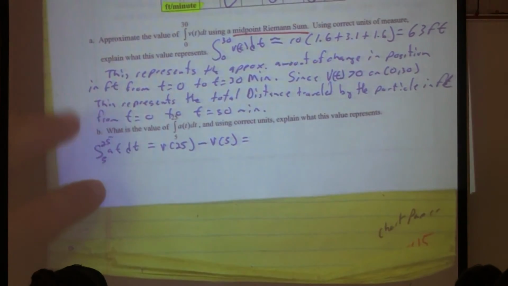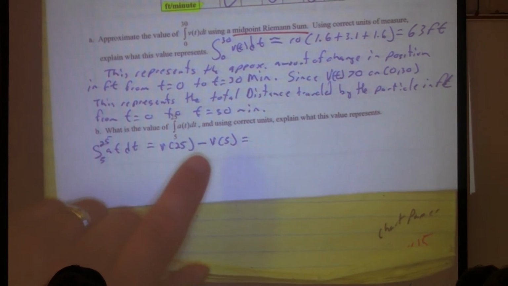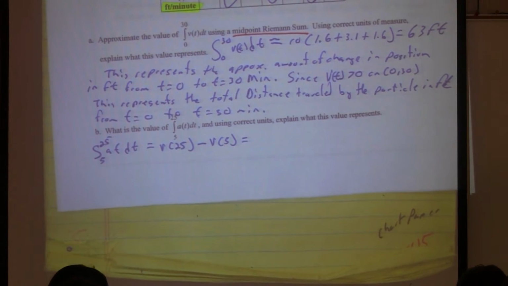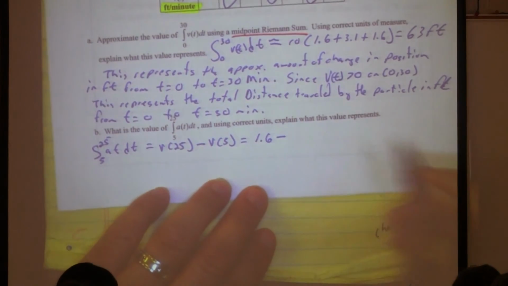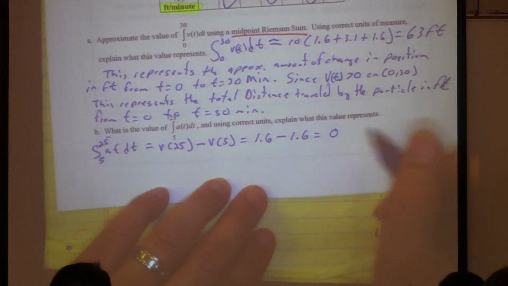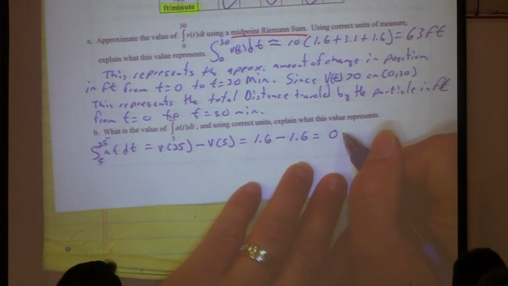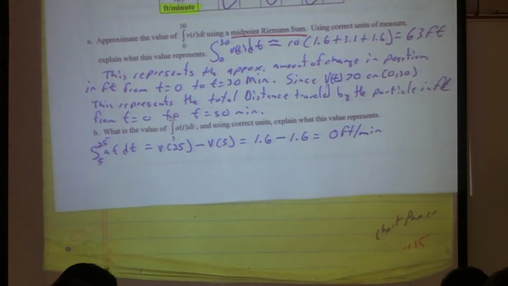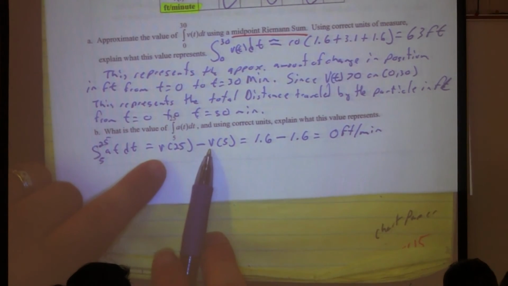So it's giving me the amount of change in velocity, right? Okay, so what's V of 25? Do we have that? And what's V of 5? So what does that give us? 0, right? And what would the units of that be? Feet per minute. Why is it feet per minute and not just feet here? Because we're talking about numbers that represent velocity.